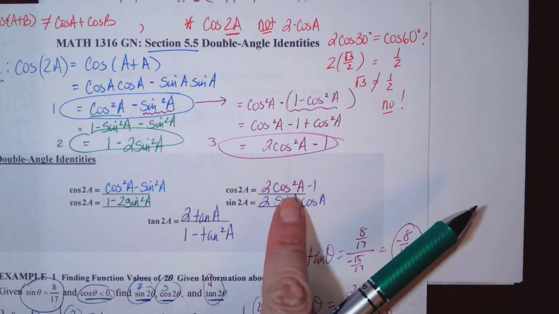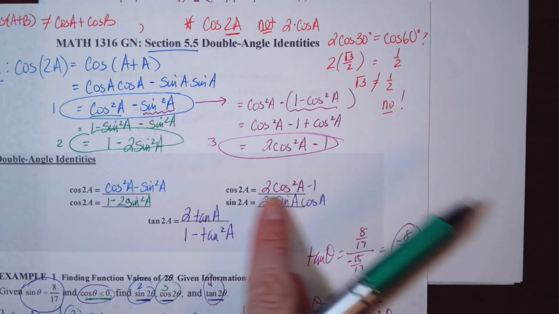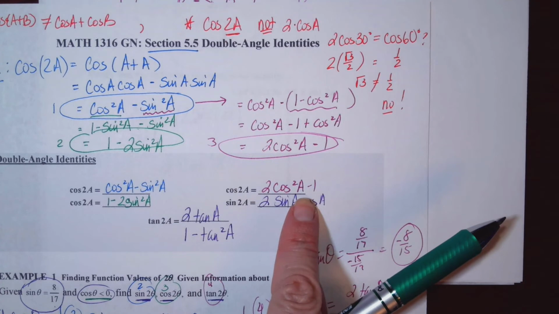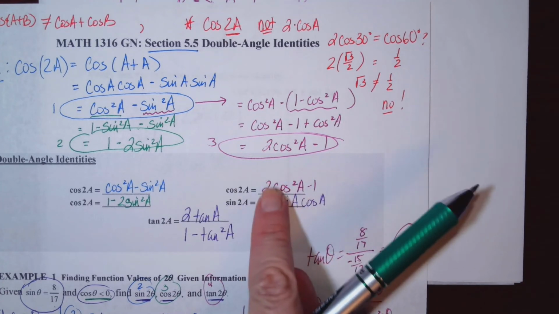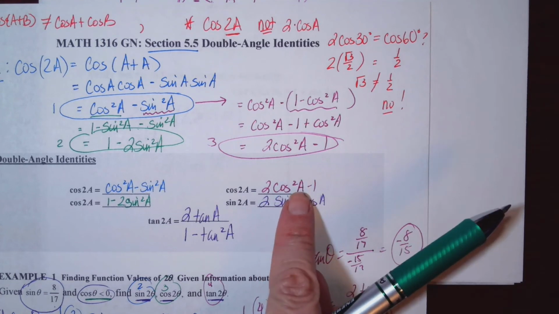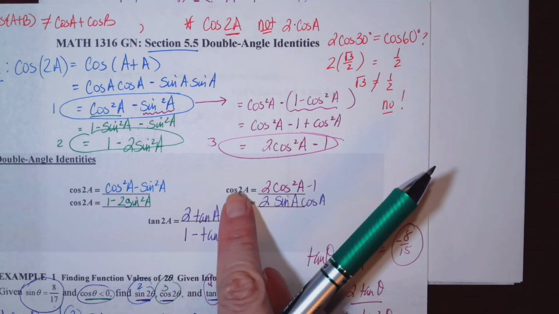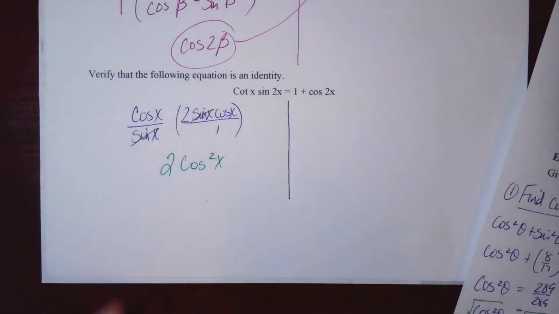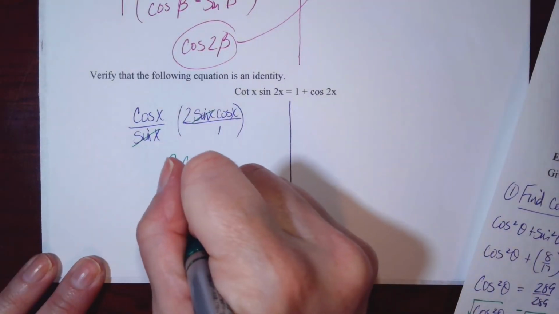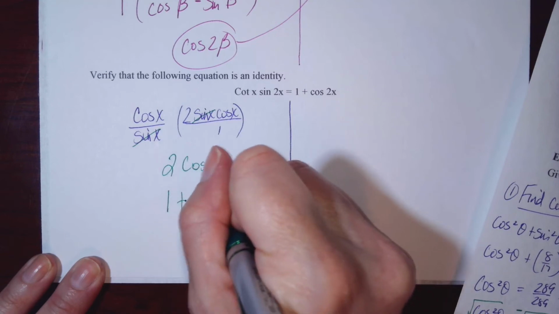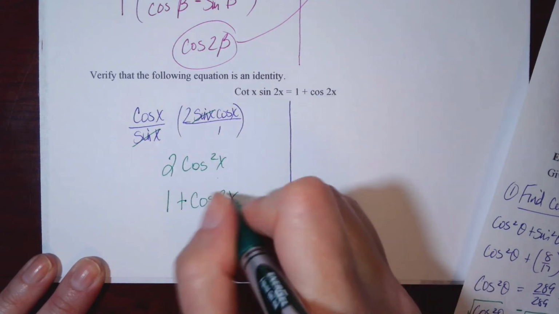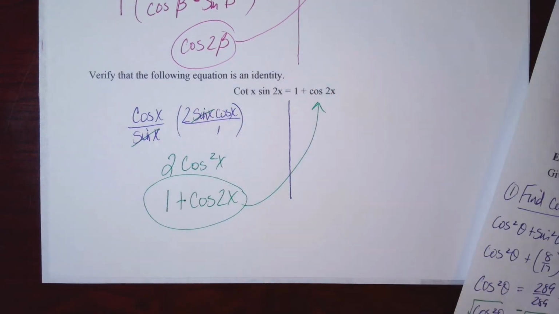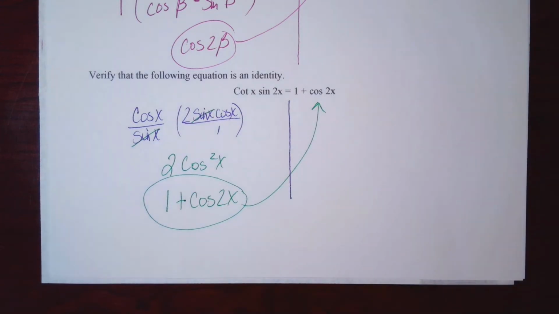Right here, I can make use of this double angle identity. Remember, just like with our Pythagorean identity, we can rearrange terms. If I solve this for 2 cosine squared x, I would be adding that 1 over to the other side. So 2 cosine squared x is the same thing as 1 plus cosine of 2x. And that's what I was after, because that is that rearranged form of my double angle identity.